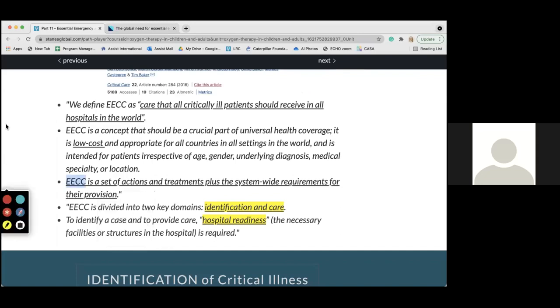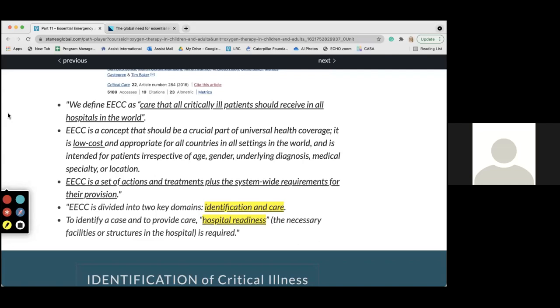Lastly, we need to identify a case and provide care with respect to hospital readiness in terms of resources that are available at that particular institution. In the next sessions, we'll go through some of the requirements that you need to be able to provide this care.